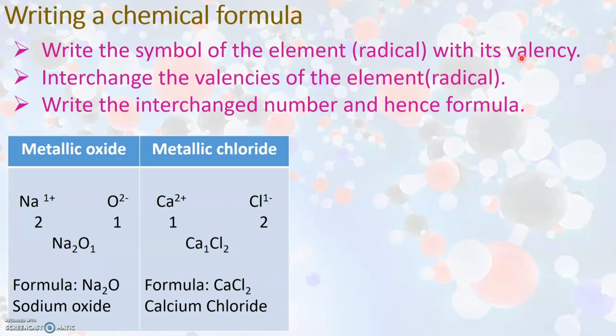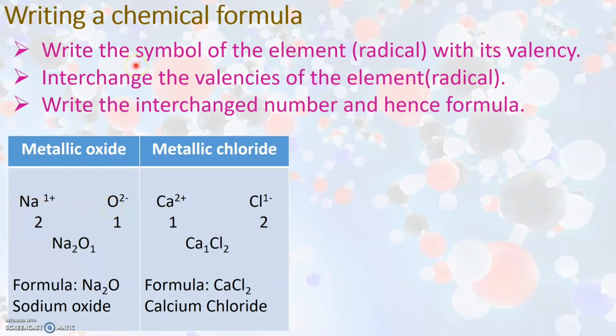So what we need to do first is identify the elements that are present in the compound. So in the case of sodium oxide, we know that the elements that are present are sodium and oxygen. So first we need to write the symbol of the element or radical. So here the symbols of sodium and oxygen. So we are writing it as Na for sodium and O for oxygen.